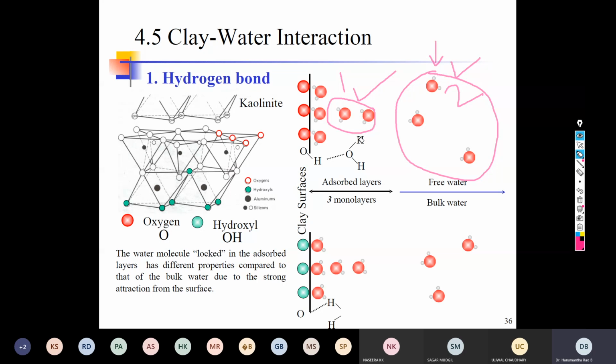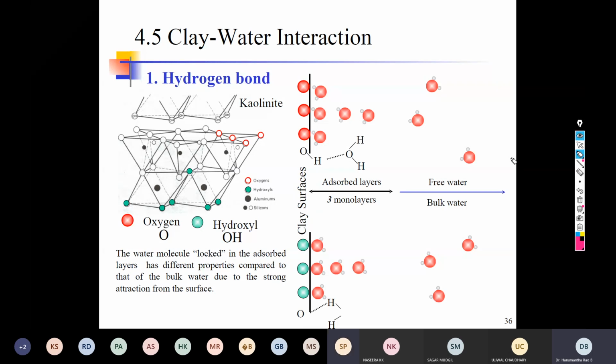They will try to come out, but since they can't come out, there is a disturbance. So they will convert the solid clay into slurry. I hope I made a lot of fundamentals clear today. Still a lot of things to be discussed.